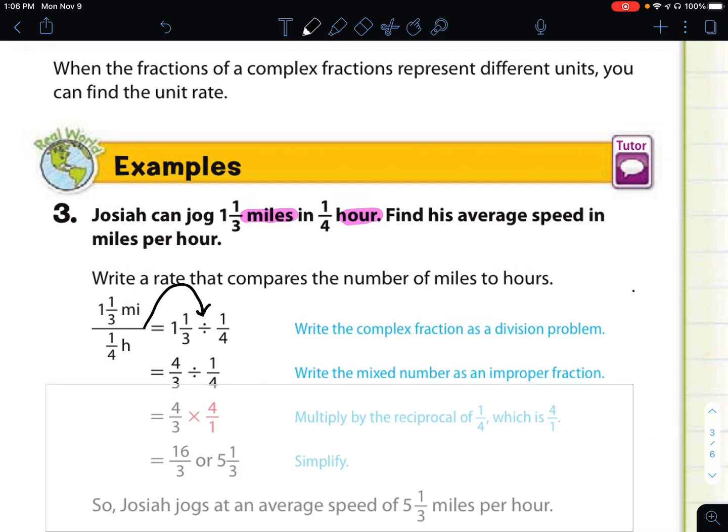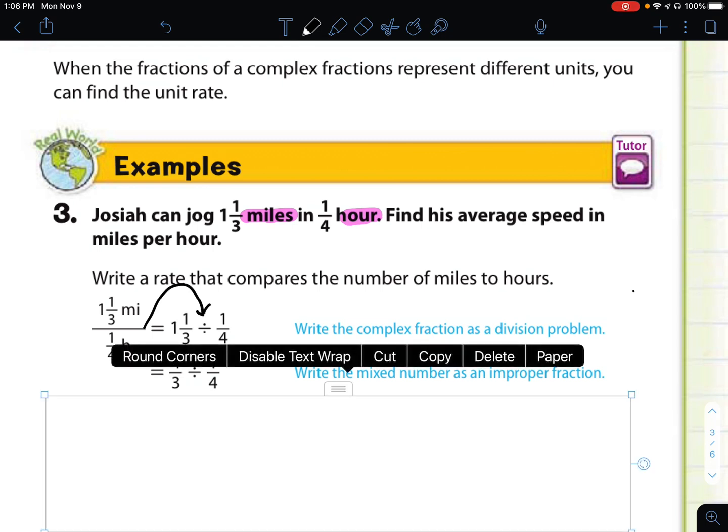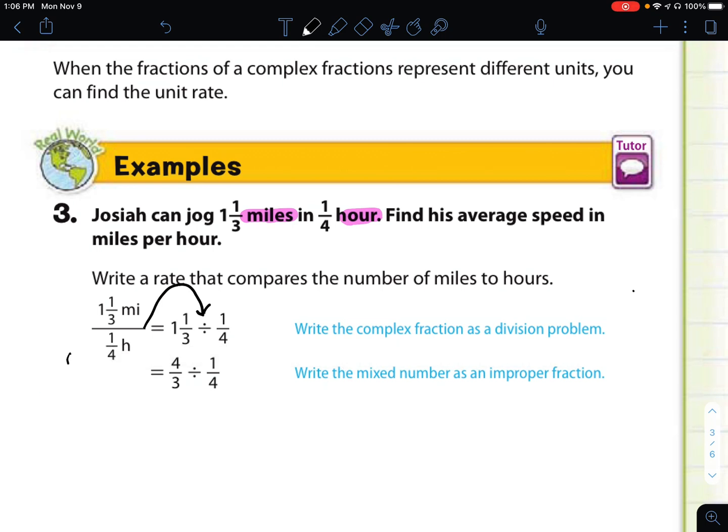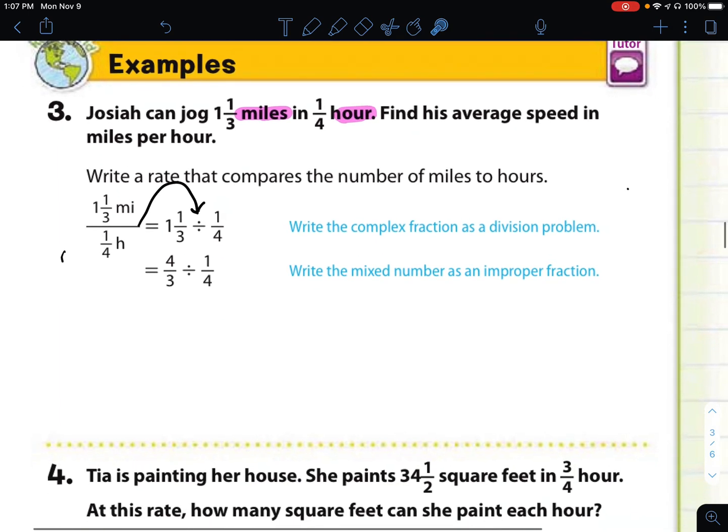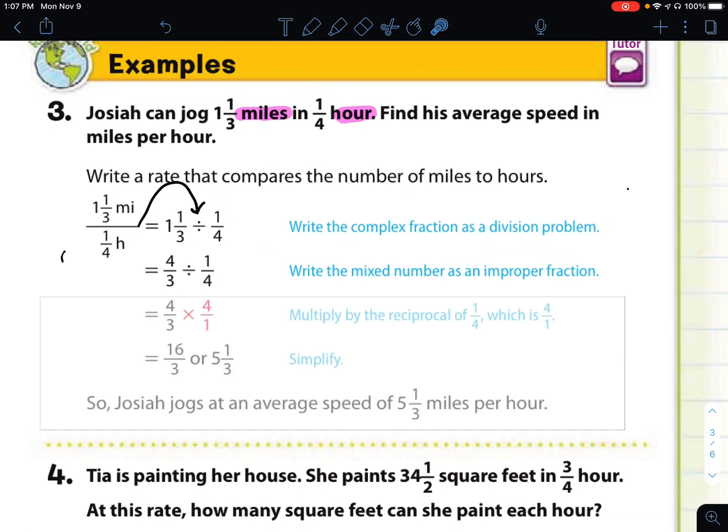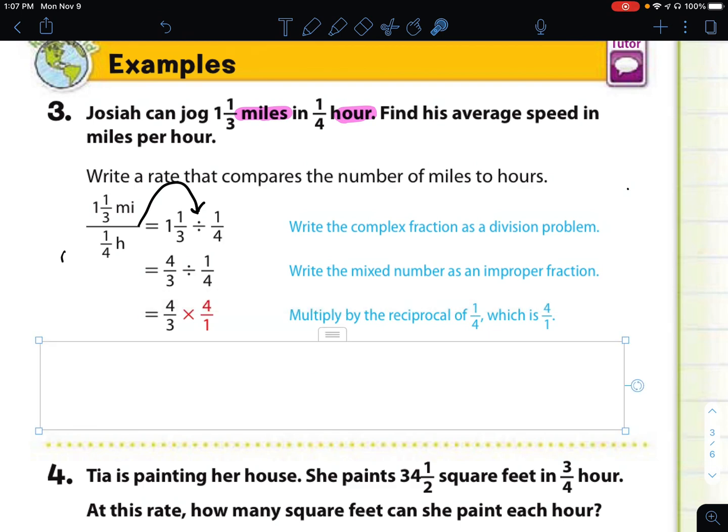Now, if you notice, when you're dividing mixed numbers, you need to convert 1 1/3 into an improper fraction, which is 4/3. So 1 1/3 is converted into 4/3, and we simply bring down 1/4. After we converted it into an improper fraction, we can now use the rules of division of fractions by getting the reciprocal of 1/4, which is 4/1.